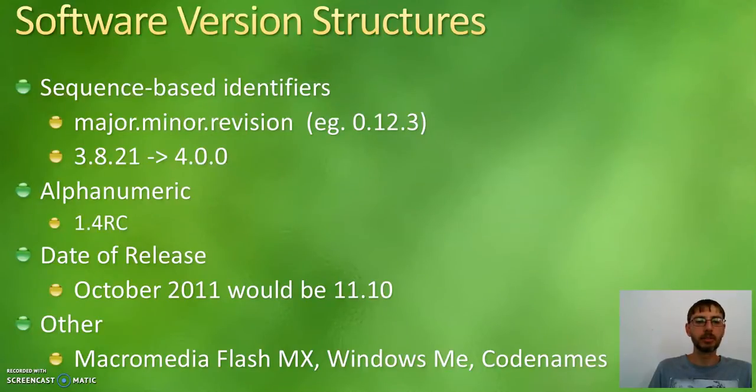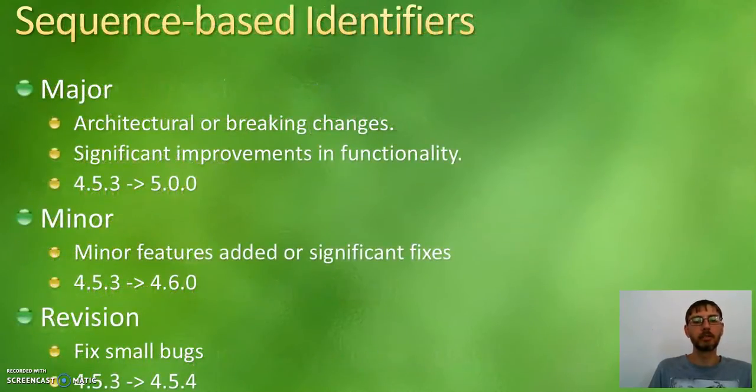So let's move on and specifically look at sequence-based identifiers. Just breaking down the different components, we have major, minor, and revision. Typically the major number will get incremented when there's architectural changes or some incompatibility that will change or affect other clients. It's usually significant improvements in functionality or features.